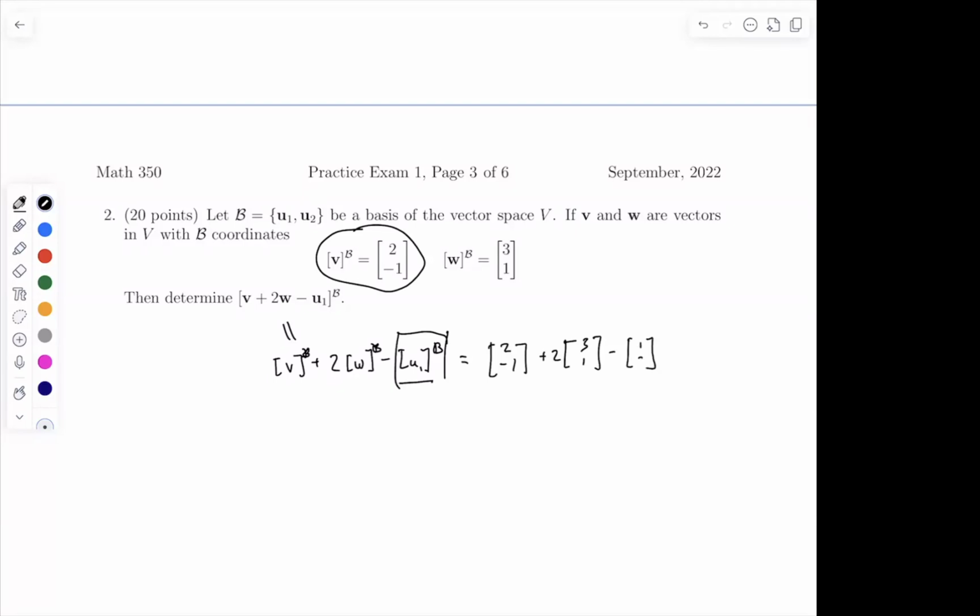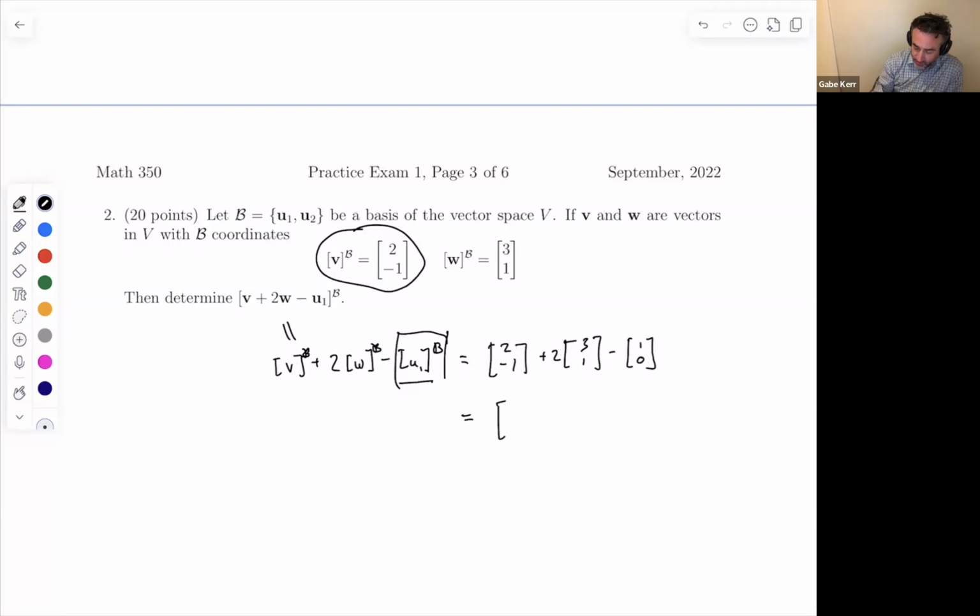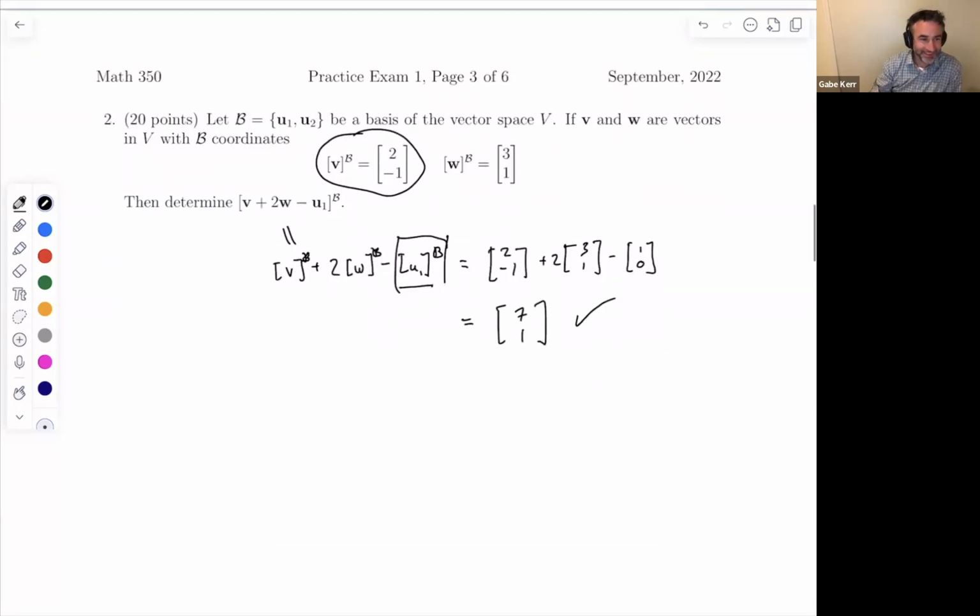Yeah, (1, 0). It's just the standard basis vector, because that's the first of the basis vectors I've written down. Very good. So then it's just arithmetic. So 2 plus 6 minus 1 is 7. And -1 plus 2 is 1. Okay, that's it. 20 points. Everyone's happy.